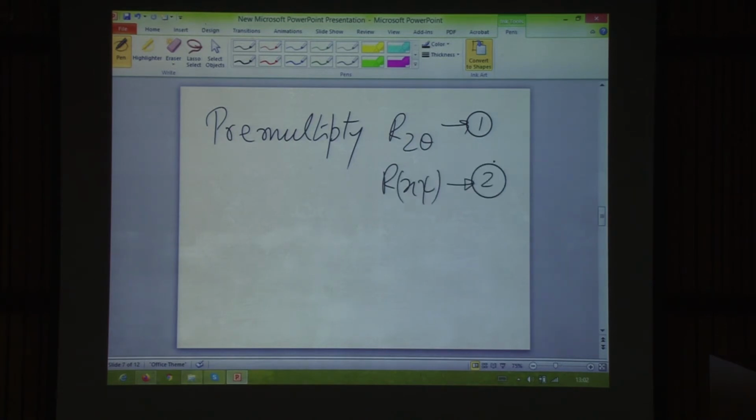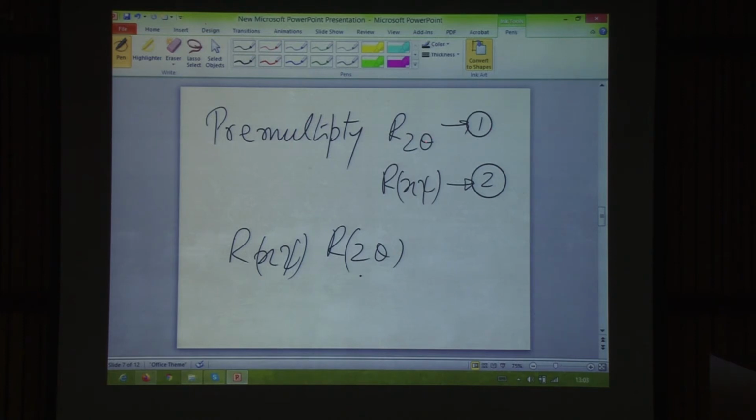Then in order to find the combined matrix, I will pre-multiply, so this is 1, this is 2, and it will become R_x(psi) into R_z(theta). Okay, this is the meaning of pre-multiplying.